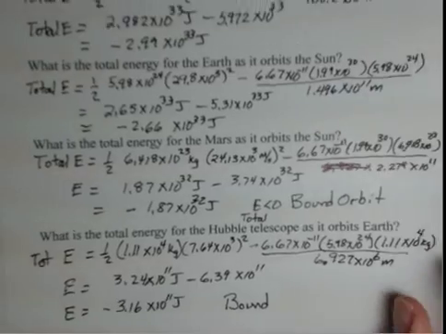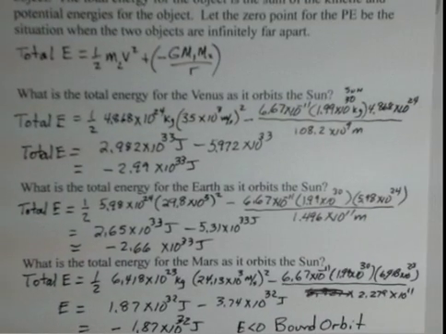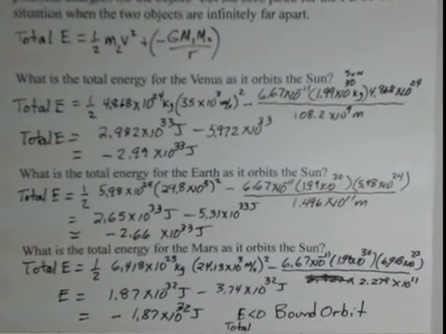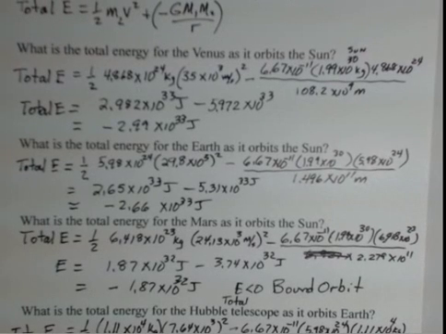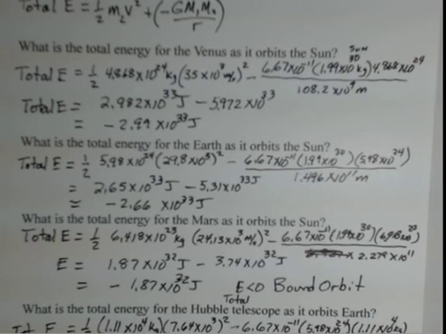So total energy for an orbit, and this is true for atoms as well in the future when you study atoms, the total energy for the electron in an atom is negative. That's bound. To ionize an atom, you have to supply enough energy to make that energy positive.